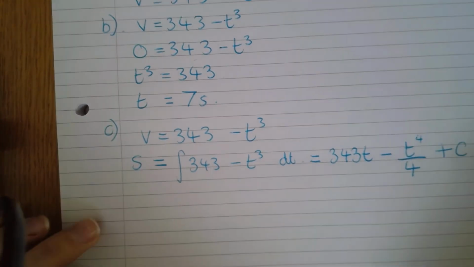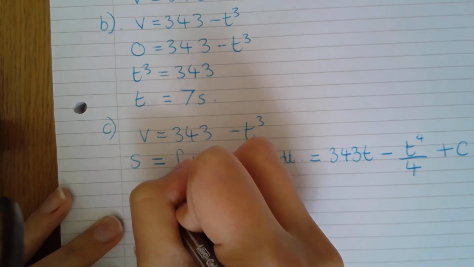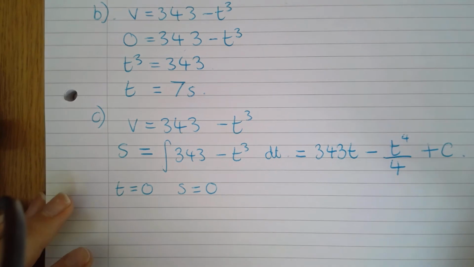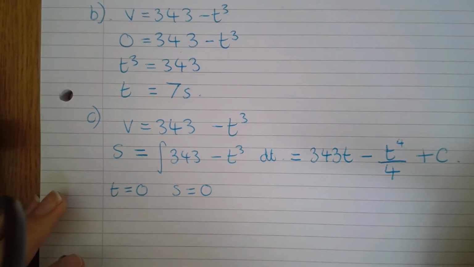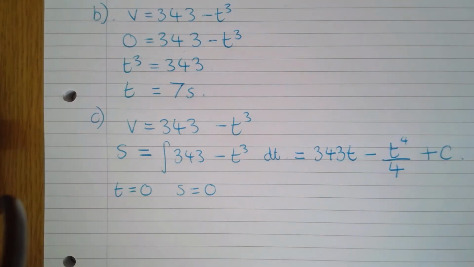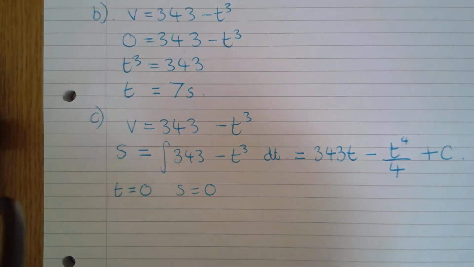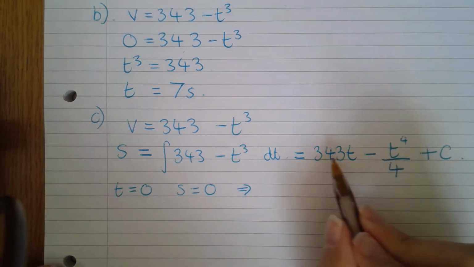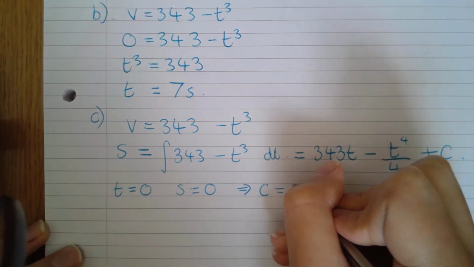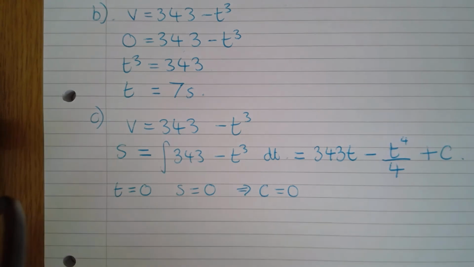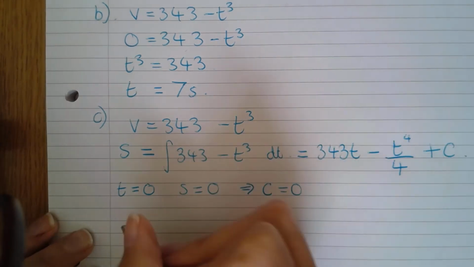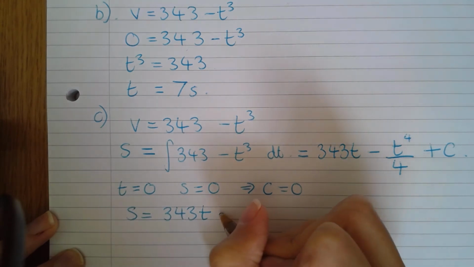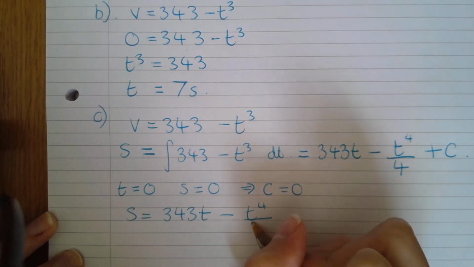I can find my constant because when t equals 0, its displacement is equal to 0, because the bullet starts in the gun. If I substitute that in, I get that c is equal to 0. So s is equal to 343t take away t to the power of 4 over 4.